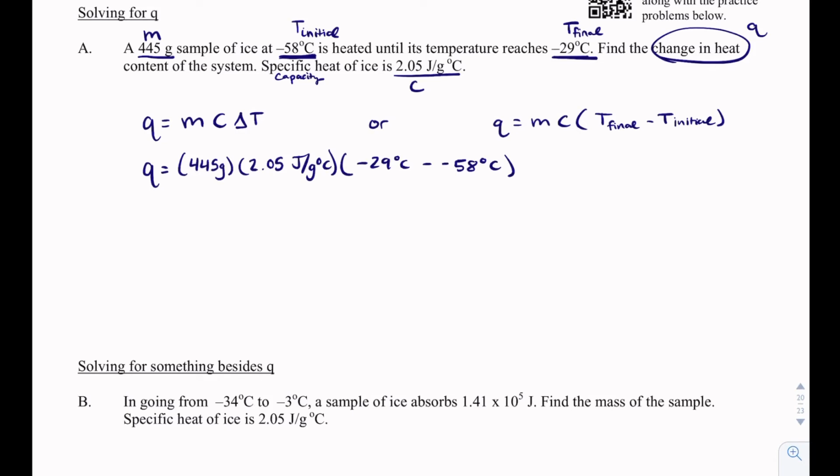Now, depending on your calculator, plugging this in may be easy or difficult, but if you have the calculator that I always use, you can just plug it in just as it's written. If you don't, you may have to do this parentheses, then multiply it by this one, then multiply it by this one. Okay, so go ahead and let's solve these out.